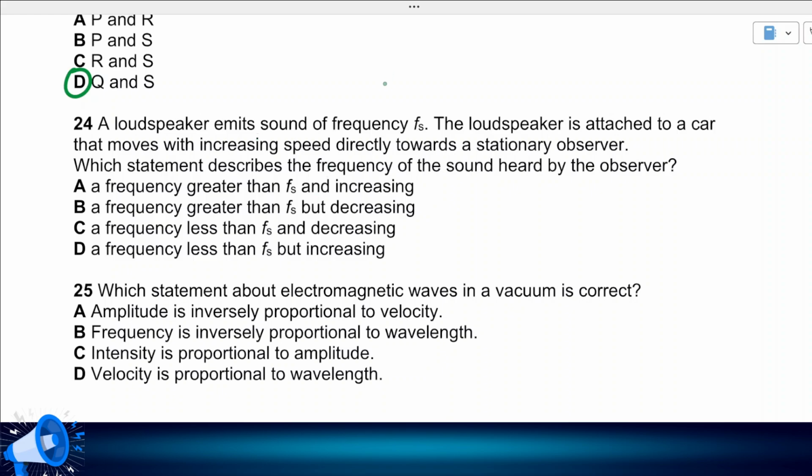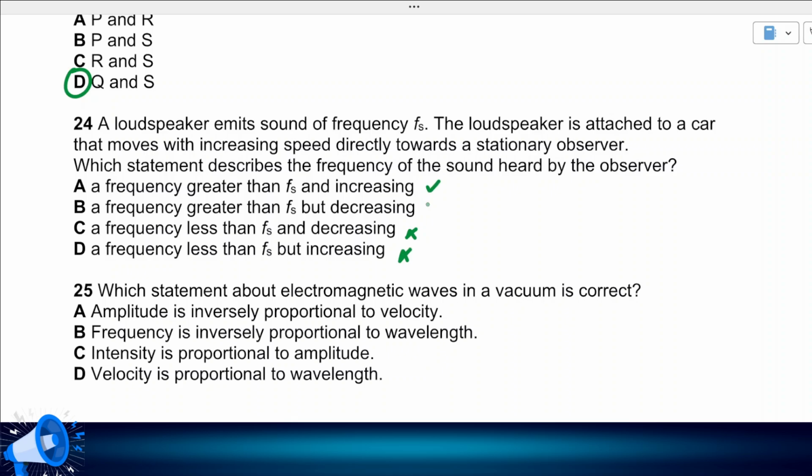A loudspeaker source emits a sound with a frequency f sub s, which is the source frequency. The loudspeaker is attached to a car that is moving with increasing speed towards the stationary observer. So if it is moving towards the observer, the observed frequency would be greater than the source frequency.